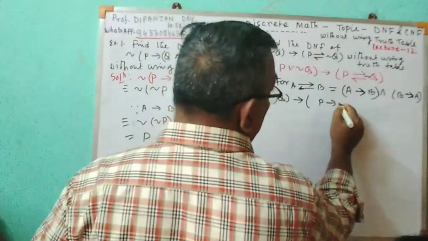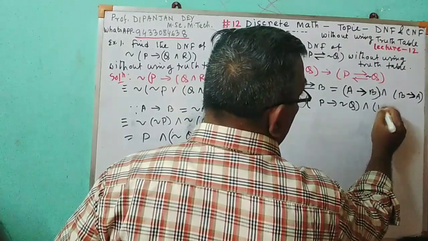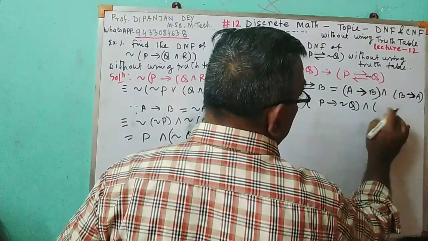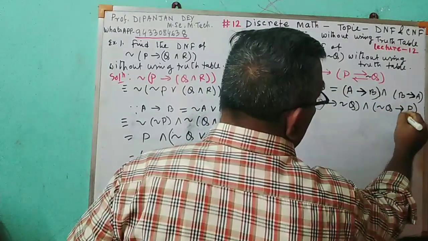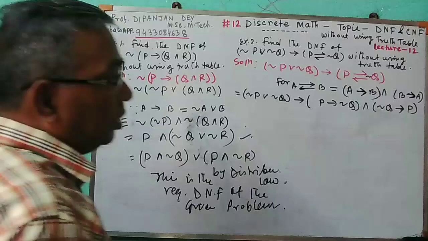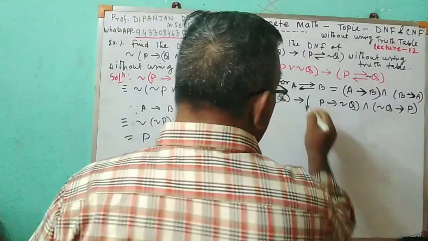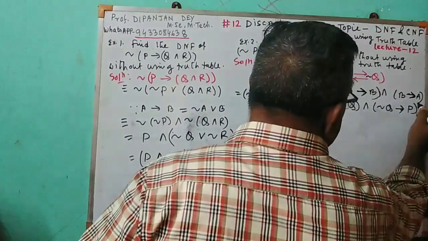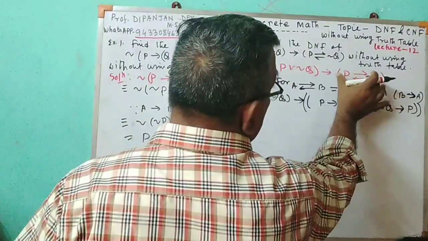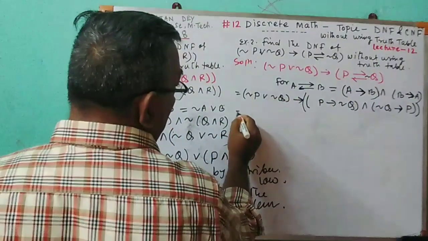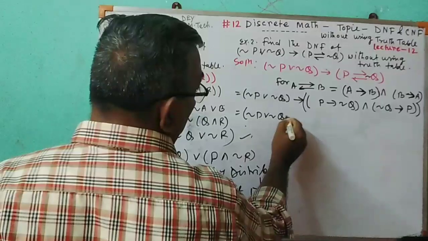So that is negation P to negation Q, then conjunction, here is negation Q to P. So this formula is applied here. Here a bracket will be there because this whole thing is applied. Now negation P, negation Q.